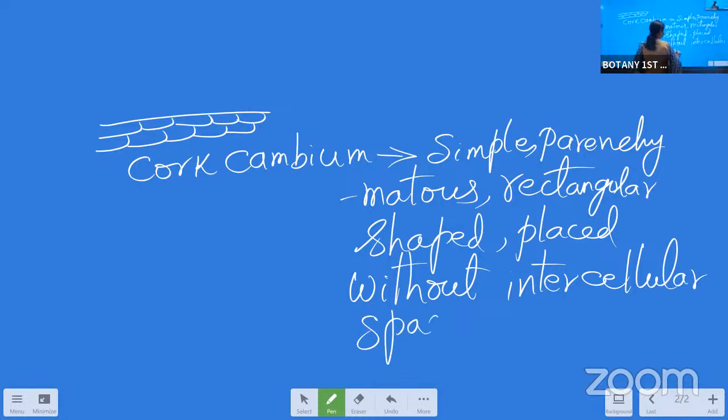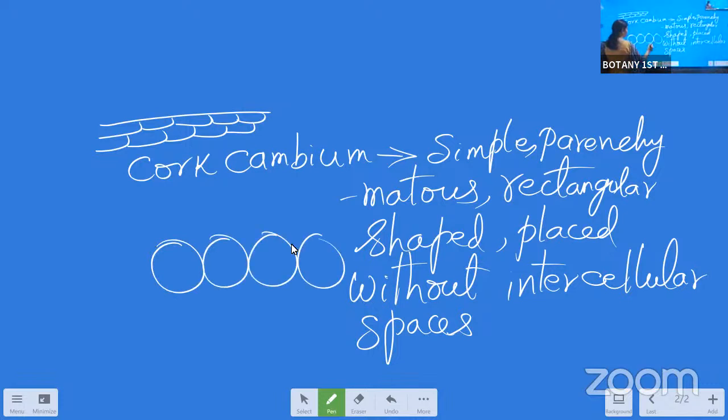Whenever we are drawing the cambium, the cambial cells should not have intercellular spaces like the cortex cells we will draw. Cortex cells will have intercellular spaces in between them, loosely packed. But here they are closely packed cells. So we have to draw them like this.